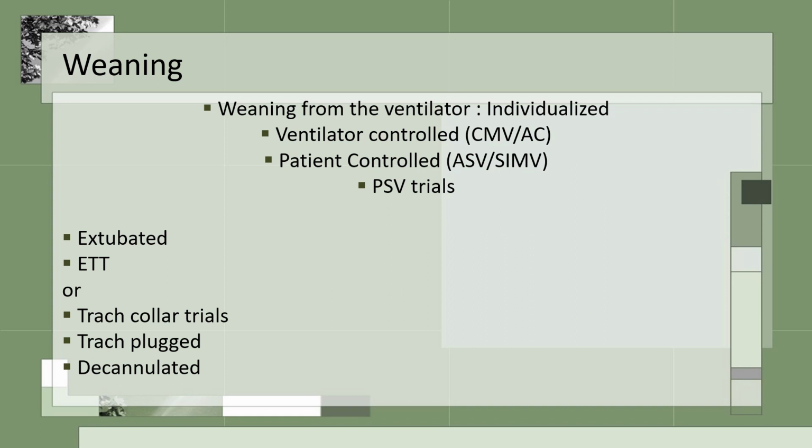They also might have just pressure support trials. Then they're extubated and put onto oxygen, or if they have a trach, they will do trach collar trials, where they're on just a trach collar with humidity and oxygen. Eventually their trach may be plugged, and then eventually they're decannulated.